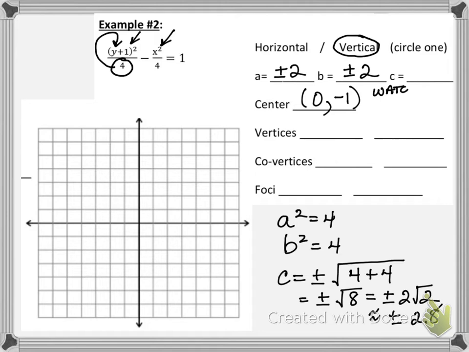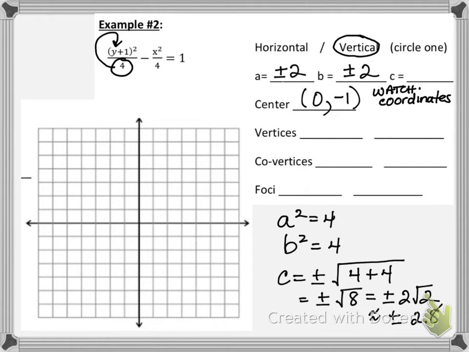Watch your coordinates, because you may have been tempted to say negative 1 comma 0 because you were reading from left to right. But that's not correct. Make sure you do x first, then y. Notice your x right here is mentioned first, so that's why you put 0 first, and then the y mentioned second.